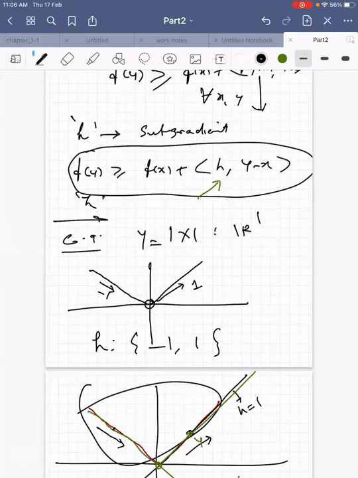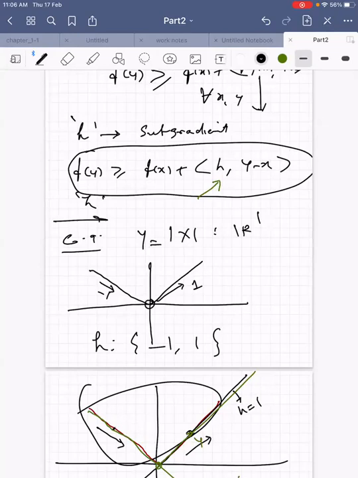The question where I probably got lost is: suppose I give you H1 and H2, and I say that these are subgradients, which means they satisfy this equation. Prove that the convex combination of H1 and H2 is also a subgradient.